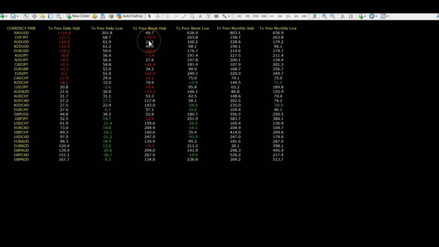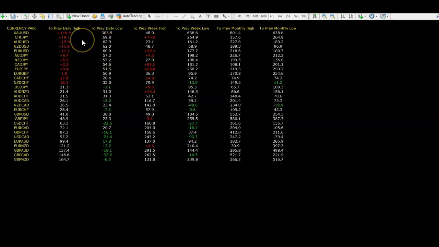Highs and lows of weekly, monthly lows and highs, sorry, getting mixed up there. They are very, very powerful trading areas on the charts. You can get really good setups from these areas. The dashboard takes a lot of the work out of going on your charts and trying to point out where the highs and lows are. This simply indicates straight away the distance from where you are to the previous day's highs and lows.